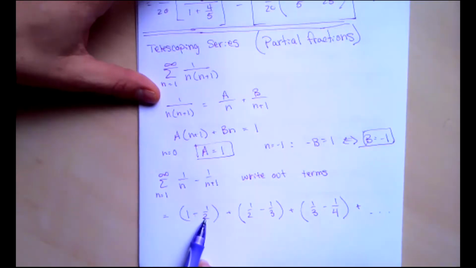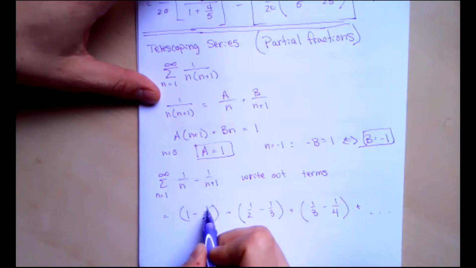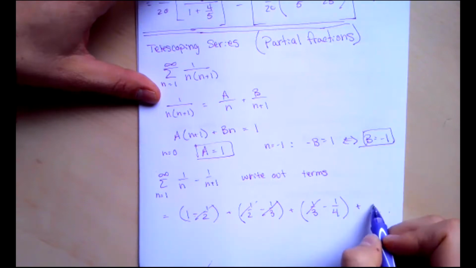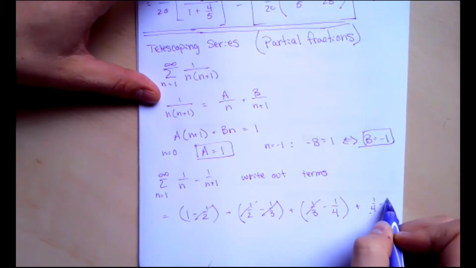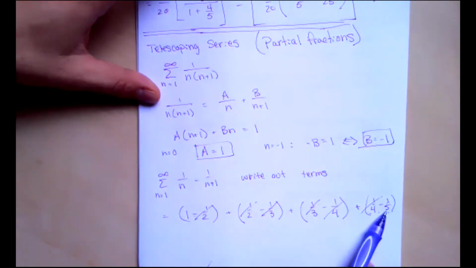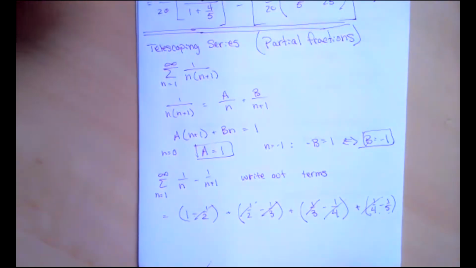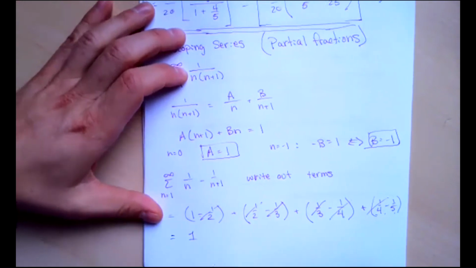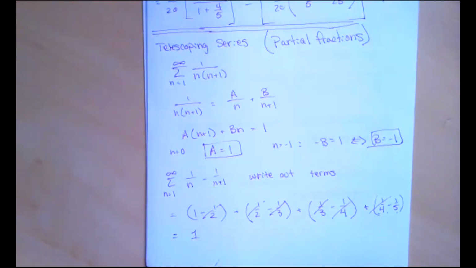We see that this 1 is going to hang out, but I'll have a minus 1/2 plus a 1/2. Then I'll have a minus 1/3 plus a 1/3. I'll have a minus 1/4, and then the next term is 1/4 minus 1/5. And as I keep going, every successive term is just going to cancel each other out. So all in all, what we're left with is just 1 for this guy.